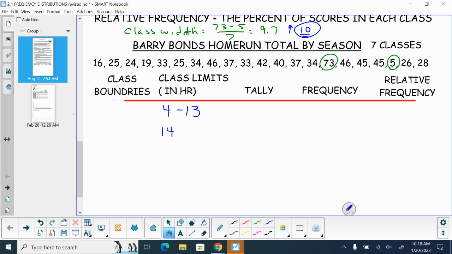To get my next class limit, I add my class width to it to give me 24. Then my upper class limit here would be 1 less than that, 23. So you keep working yourself down. As you can see, to go from here to here, I'm also adding 10. To go to here, I'm also adding 10.